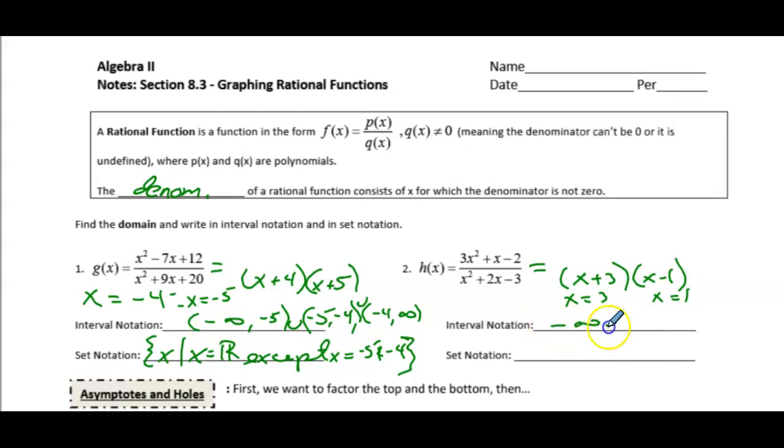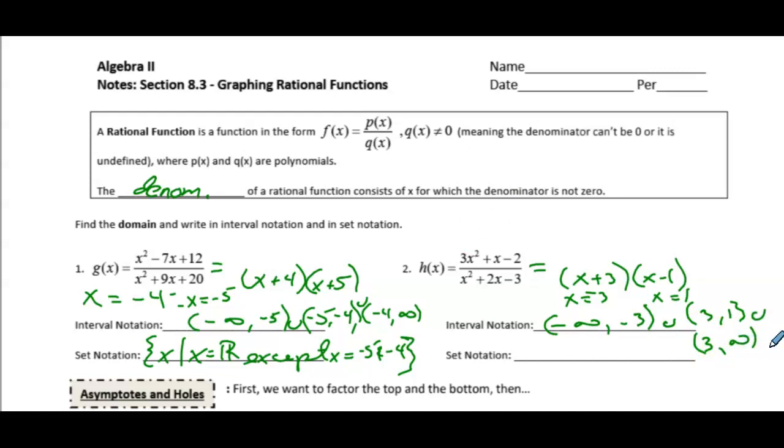So we can start at -infinity and go to -3. Then put it together with -3 to 1, and then put the last part together to go from 1 to infinity, with unions between them.